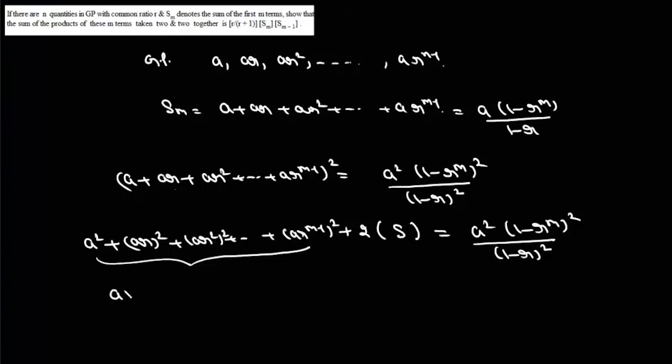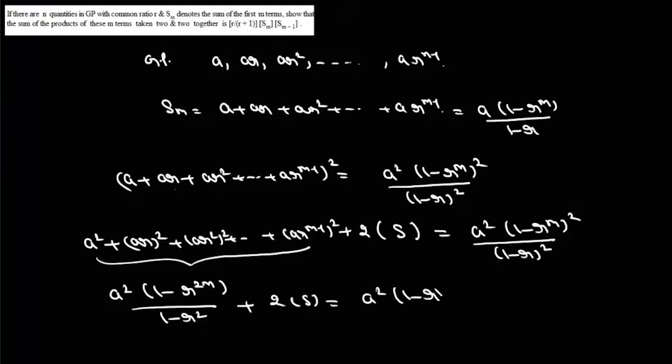So it will be a square into 1 minus r square to the power m upon 1 minus r square, plus 2S, and that will be equal to a square into 1 minus r to the power m whole square upon 1 minus r whole square.